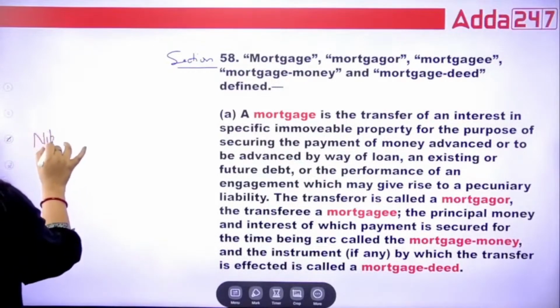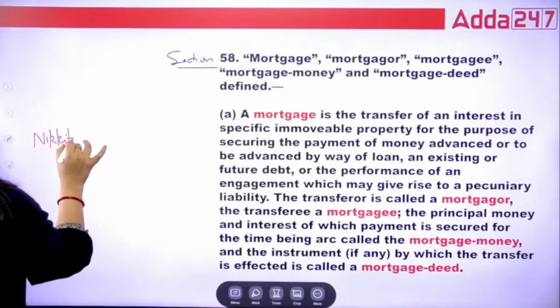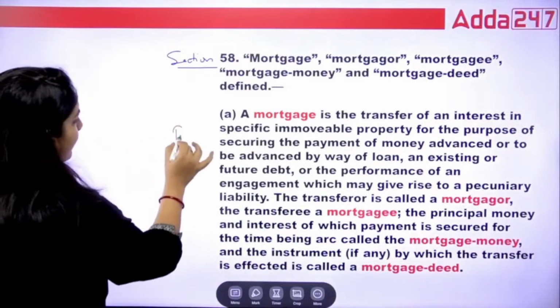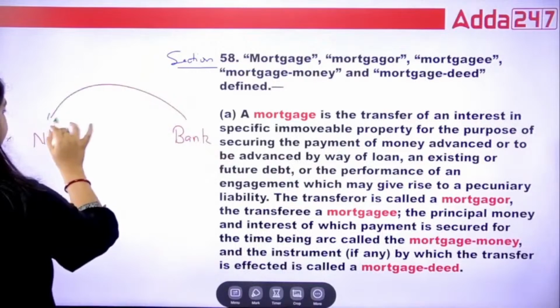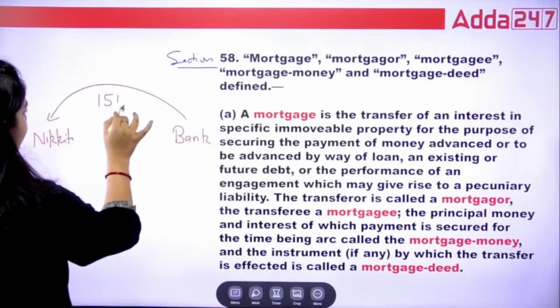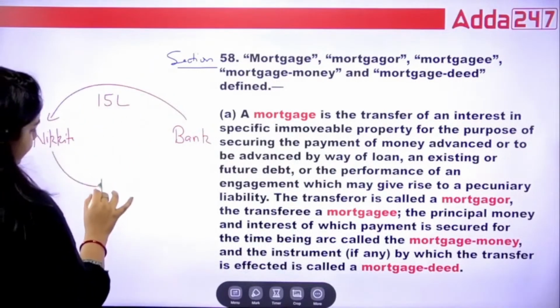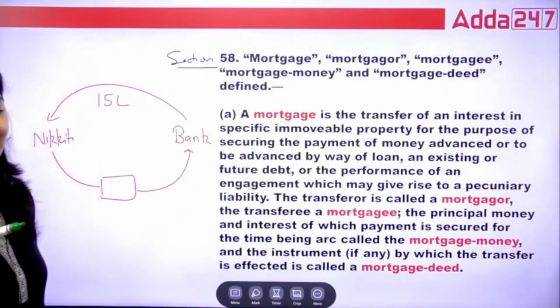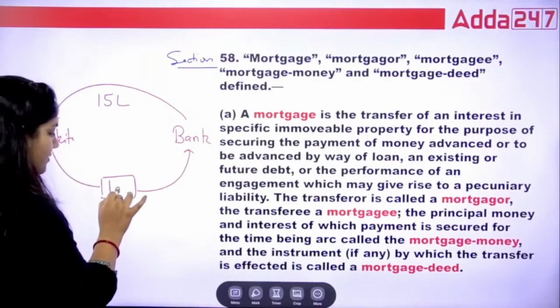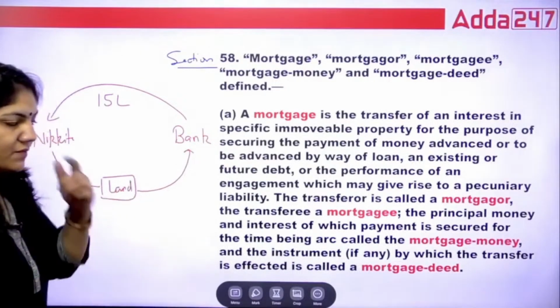Nikita ma'am wants money from the bank. The bank has given Nikita ma'am 15 lakh rupees, and for that 15 lakh, Nikita ma'am is giving the document of the land, because the land we cannot move from one place to another.